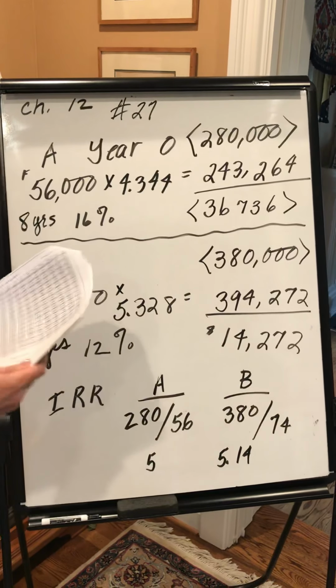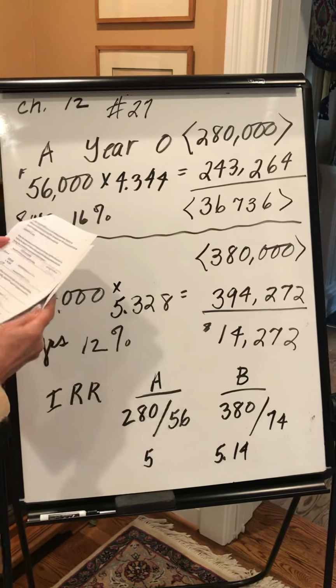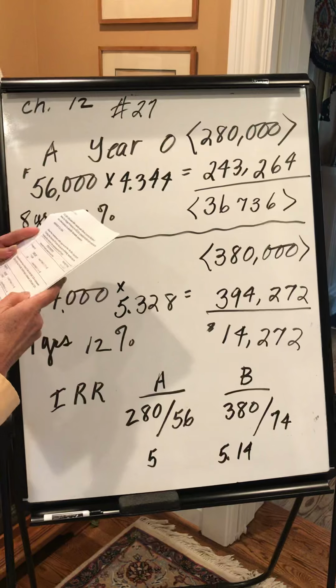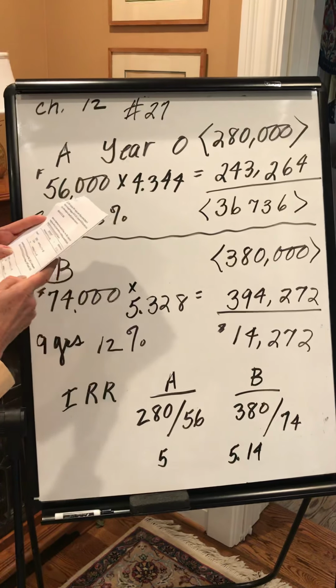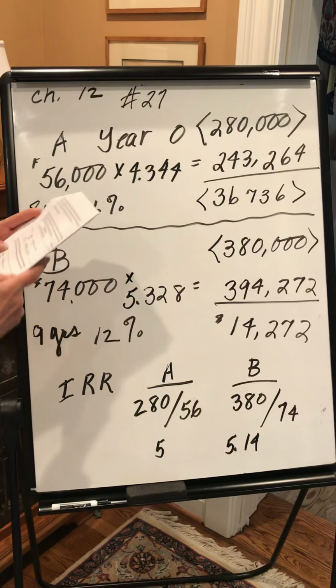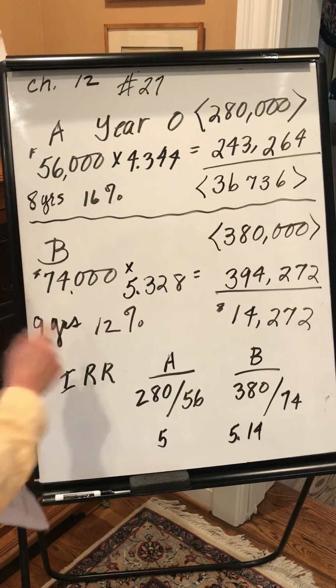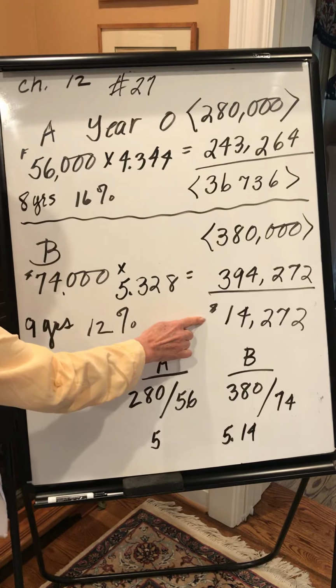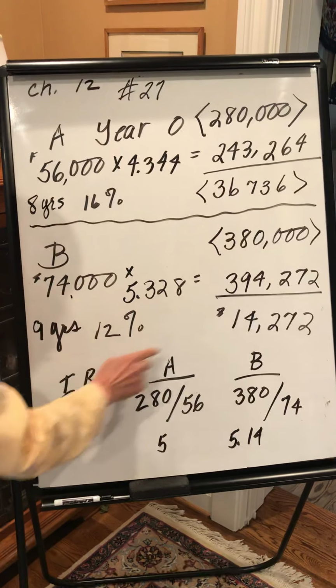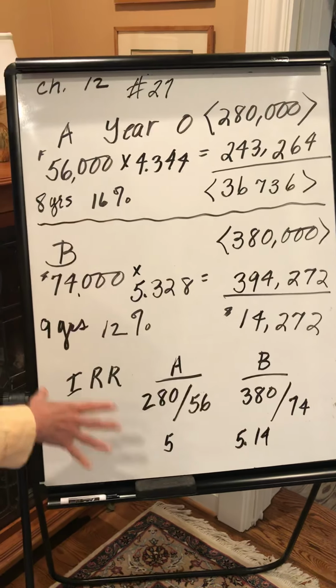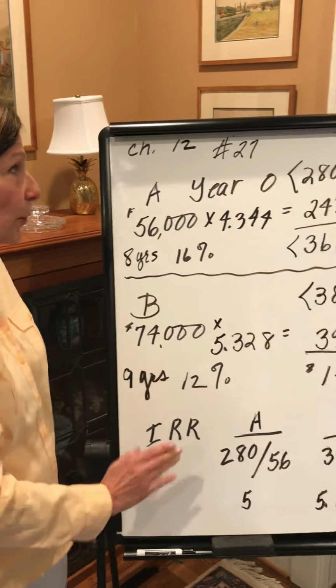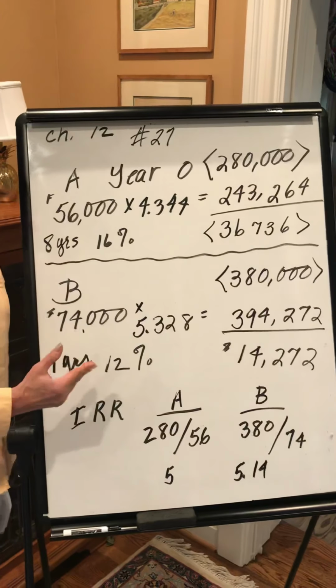I will find it between, let's see, 12 and 14%, which makes perfect sense because it's probably around 13%. And that, folks, is how we will calculate internal rate of return for purposes of this course.